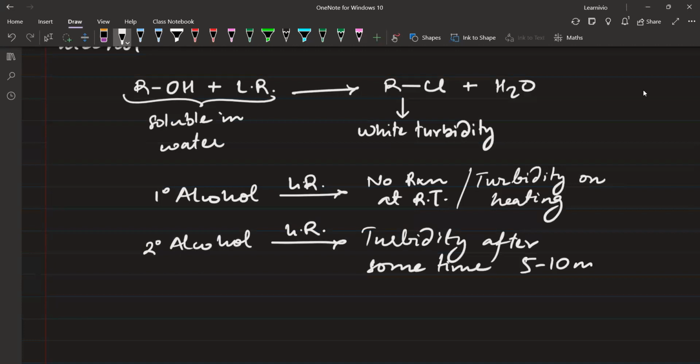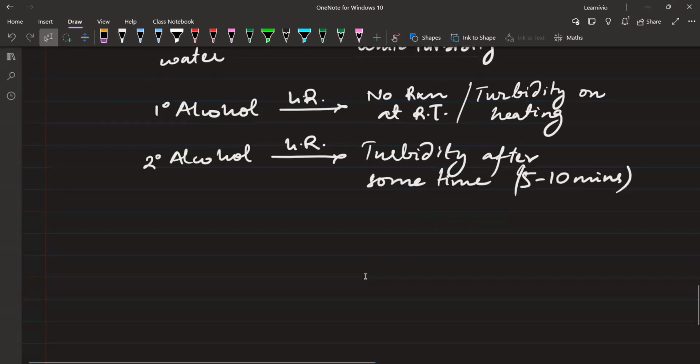But just to be sure, practically speaking, we sometimes even leave it for 30 minutes. ठीक है, पता चलता है कि it is 2 degree alcohol only, but due to some conditions, like the temperature or the humidity, you have to even sometimes leave it for 20-30 minutes. ठीक है, अच्छा, even if it does not give after 20-30 minutes, then we heat it.